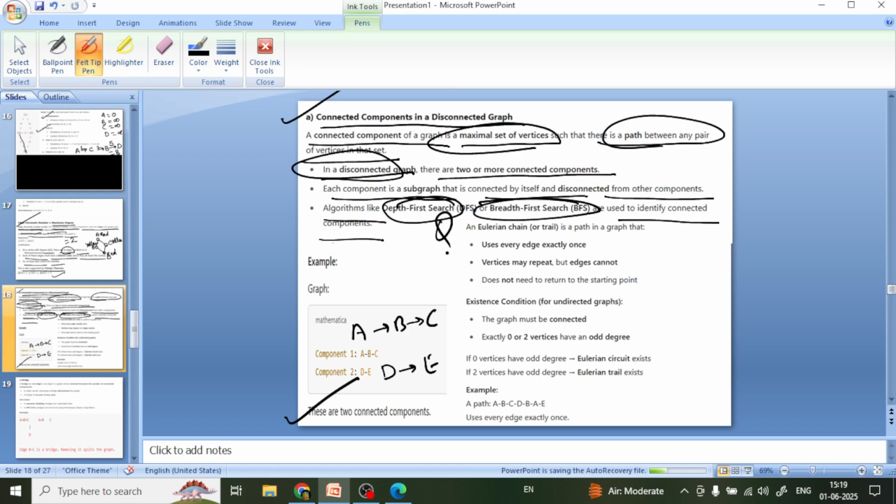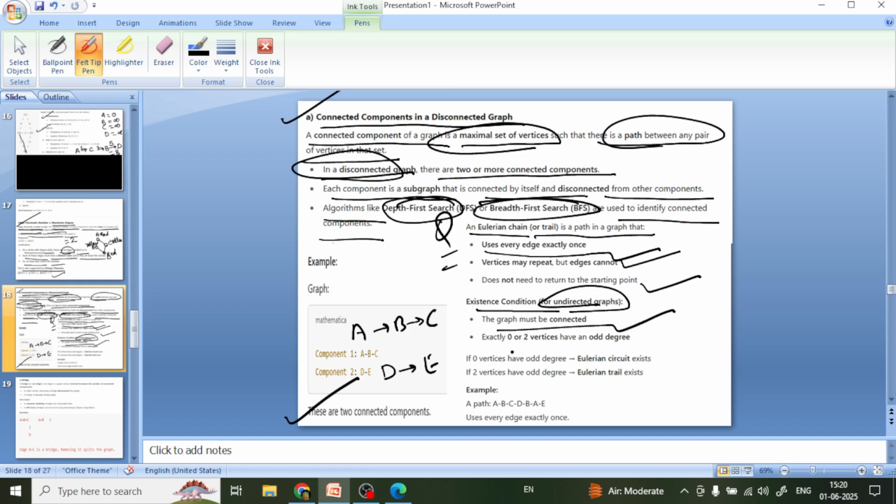Now next question is Euler trail. What is an Euler trail? It is a path in a graph that uses every edge exactly once. Vertices may repeat but edges cannot repeat, and it does not need to return to the starting point. Existence condition for an undirected graph: the graph must be connected, and exactly 0 or 2 vertices have odd degree.